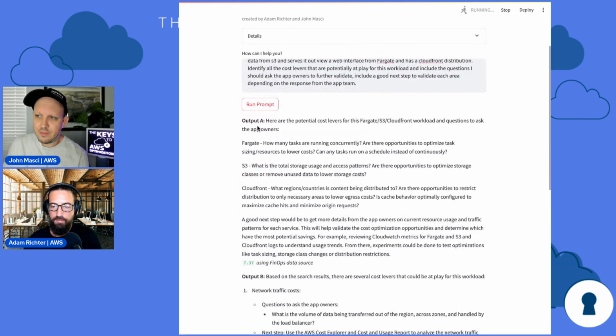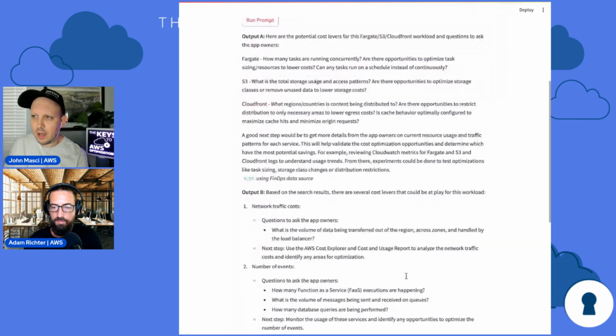But it looks at our services, and then it comes back and asks us some really good probing questions that we should look at in order to optimize each aspect of the workload. And I think this is a cool example of something where those resources are all available, but being able to do this quickly and find out what some of those cost levers are, and look at things like network traffic costs for that workload.